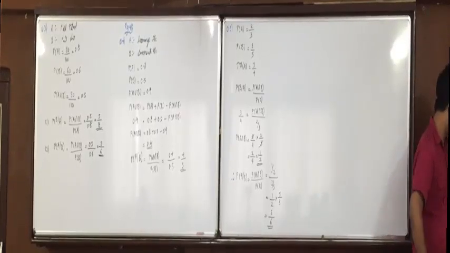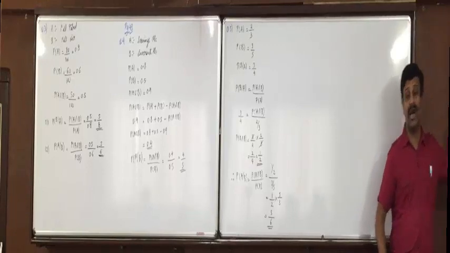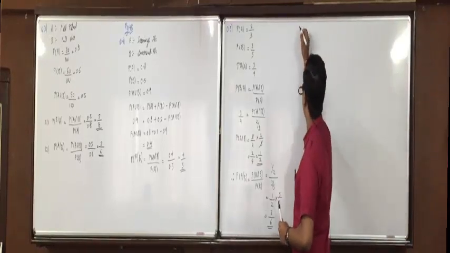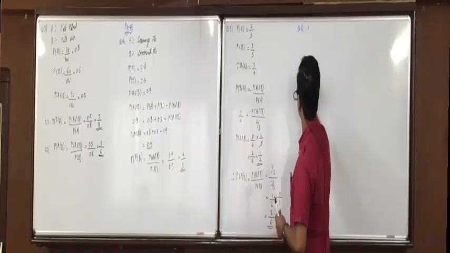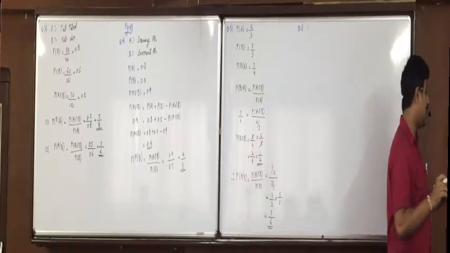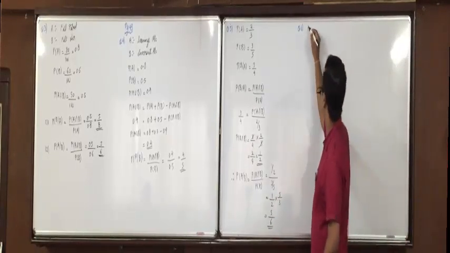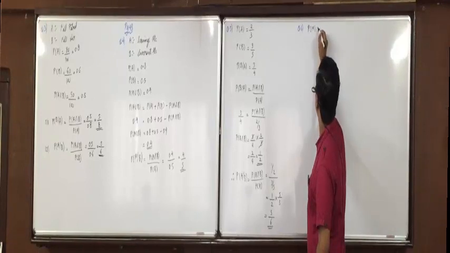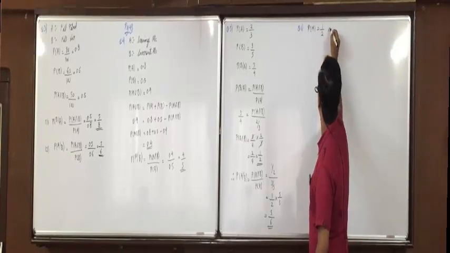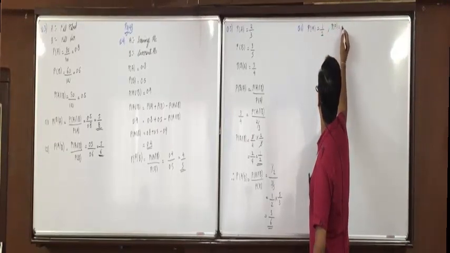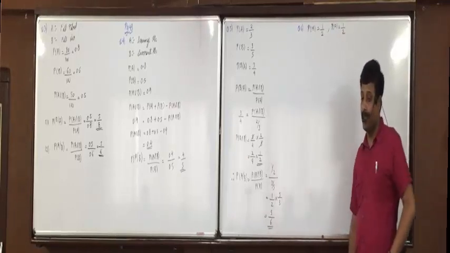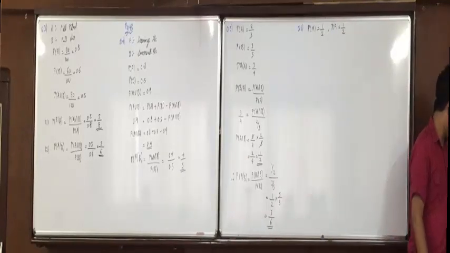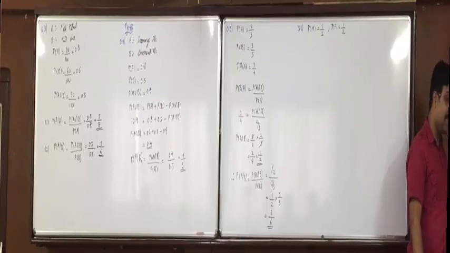And next, if PM is equal to PF equals half, so write down PM is 1 by 2, also PF is 1 by 2, both are equal to half. Okay, we write them separately so that in solution it helps us.